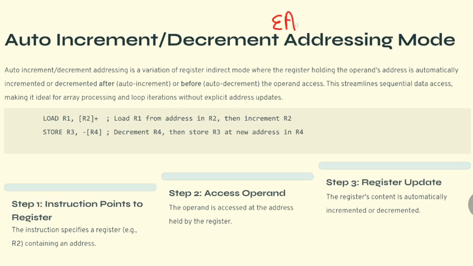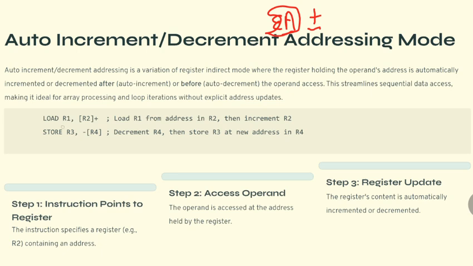That address is automatically either incremented or decremented: in increment mode it is incremented, in decrement mode it is decremented. After that the operand is accessed. It is used when we have sequential data stored in memory, or we are working in a loop. At that time this is very useful.